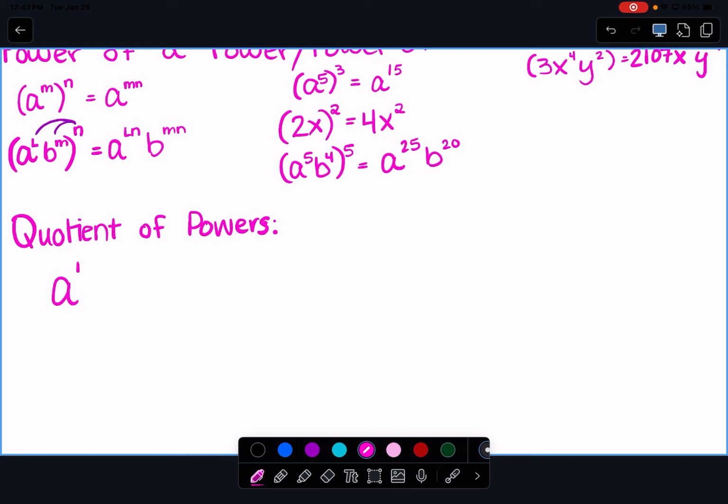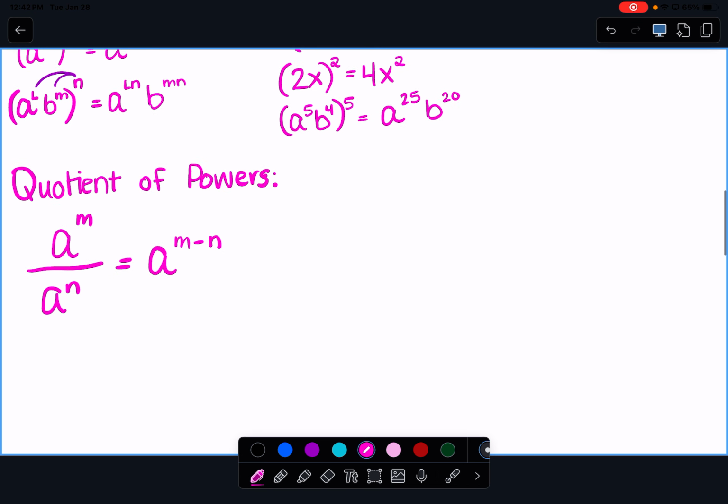So we have a to the m divided by a to the n. When we divide, what operation do we need to do with our exponents? So we're going to get a to the m minus n. Let's look at a few examples.